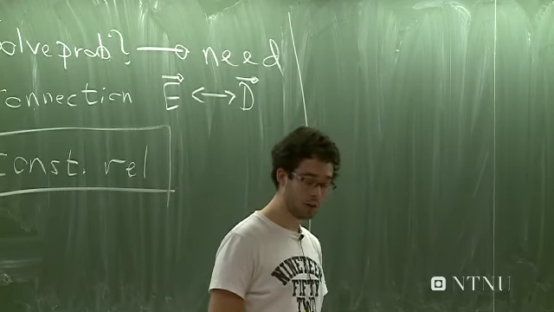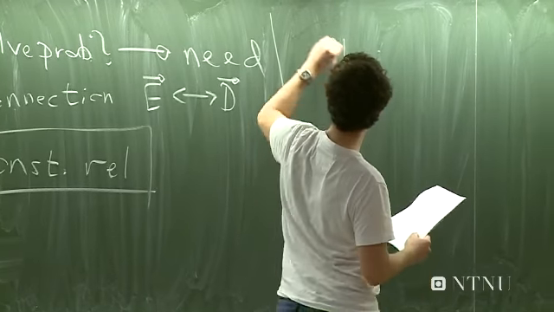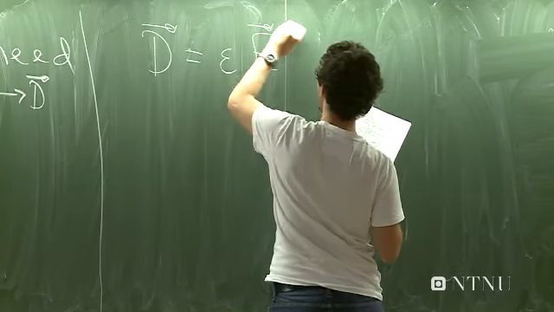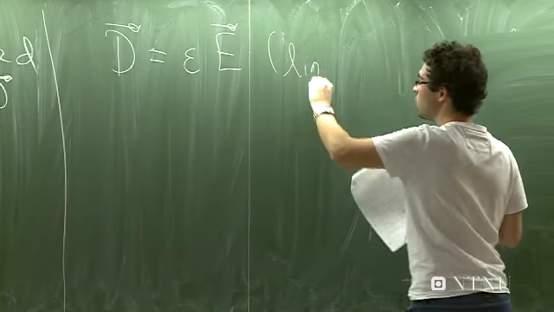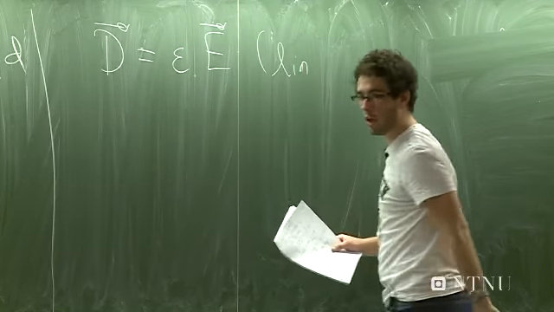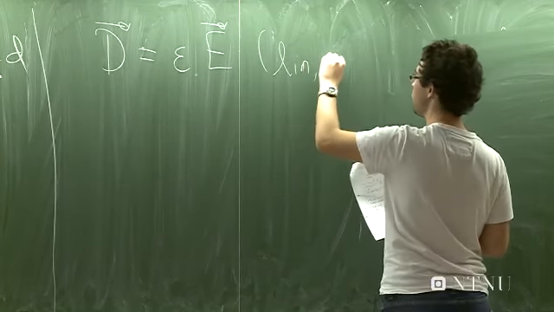And for a linear isotropic homogeneous medium, it's just that the D field is proportional to the E field, with epsilon being the proportionality constant.